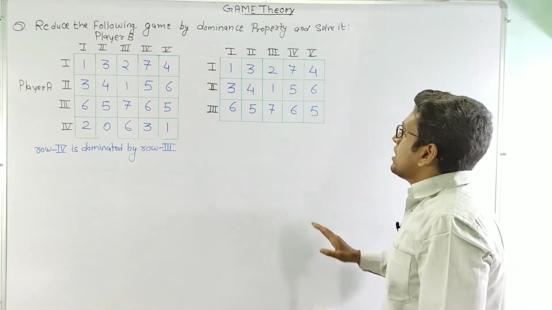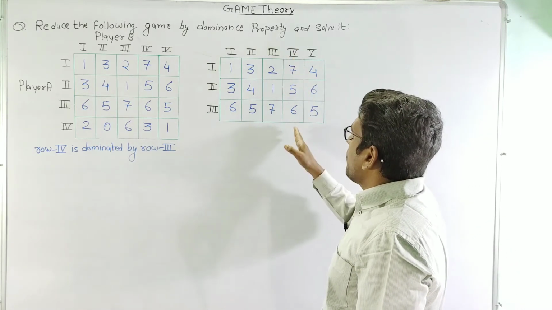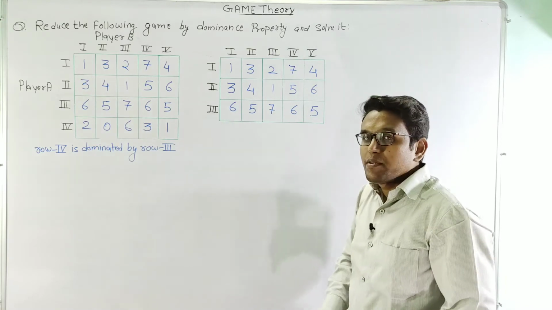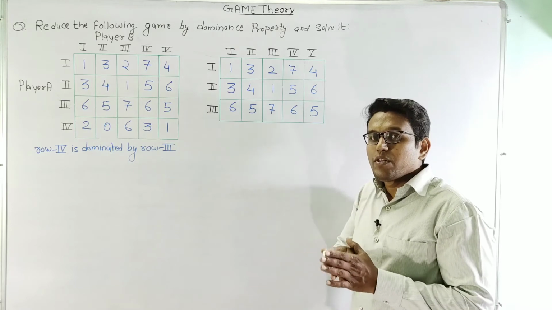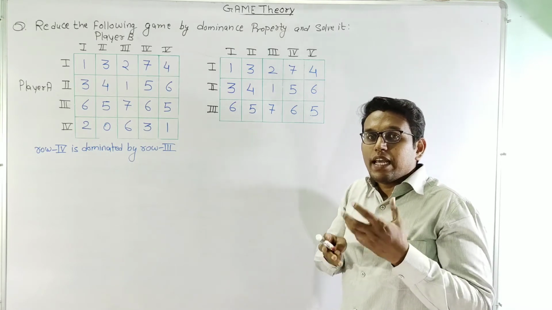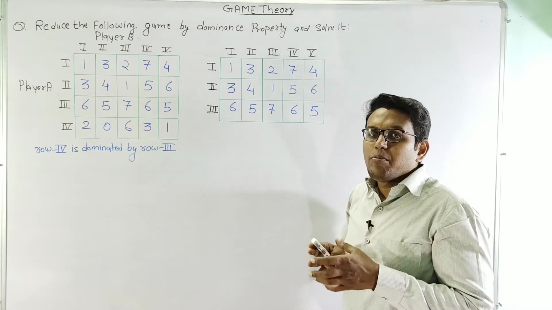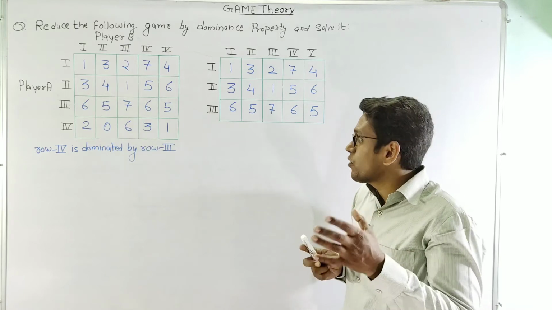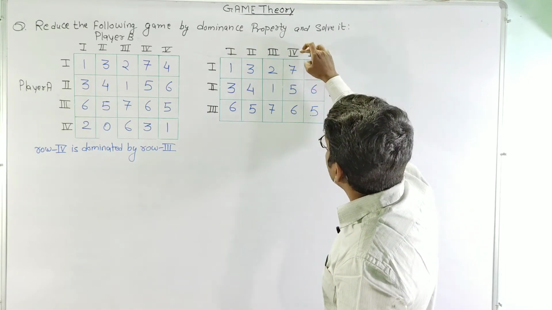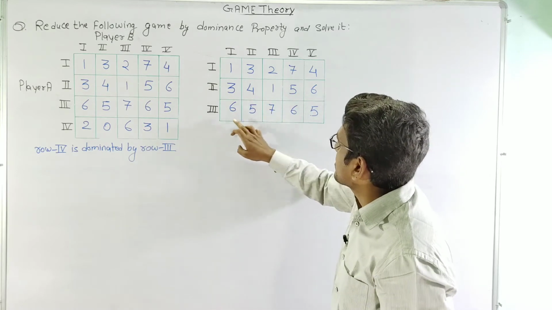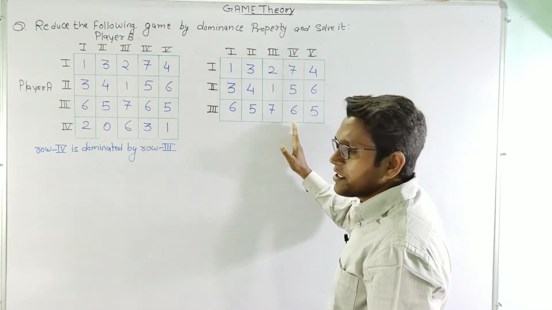This means that column 4 is dominated by column 1, and in previous lectures we have seen that in column domination the elements of the dominated column must be greater than or equal to the other existing column. So here we can see that column 4 has 7, 5 and 6. So this is the dominated column.